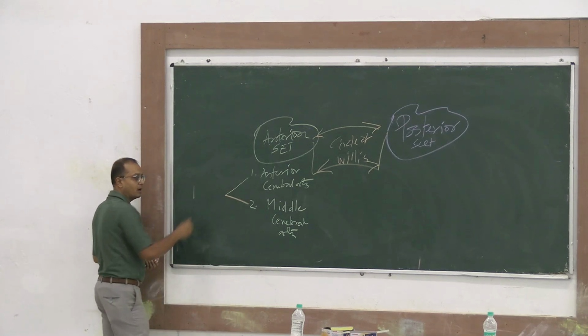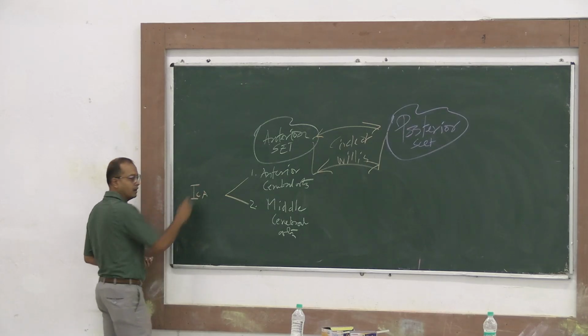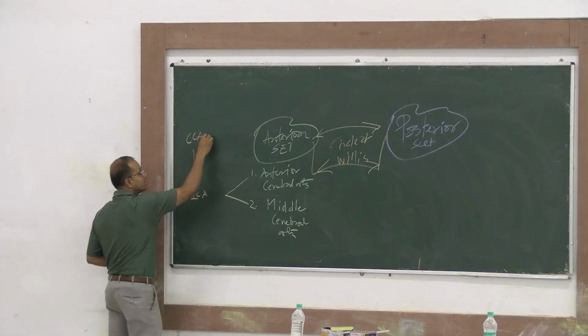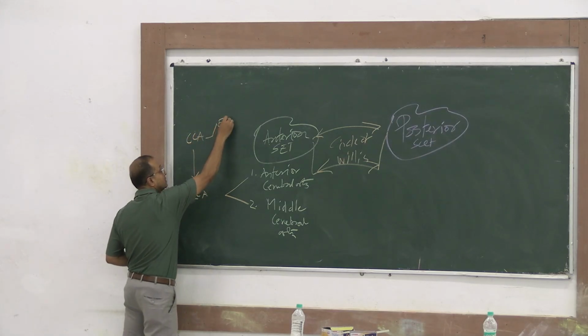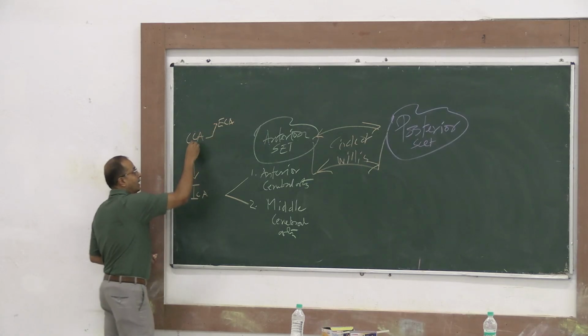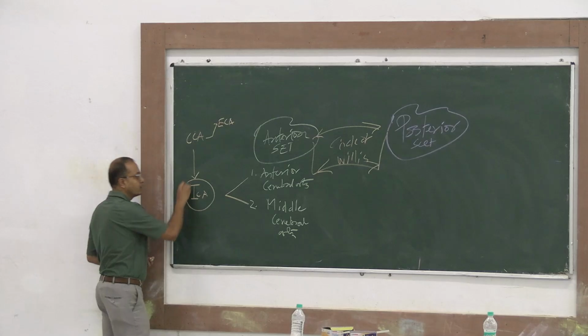Both of them are branches of the internal carotid artery, ICA. Now, where is the ICA coming from? It is coming from the common carotid artery, which has another branch, the external carotid artery, which supplies the head and neck region, and the other branch of the common carotid artery is the internal carotid artery.